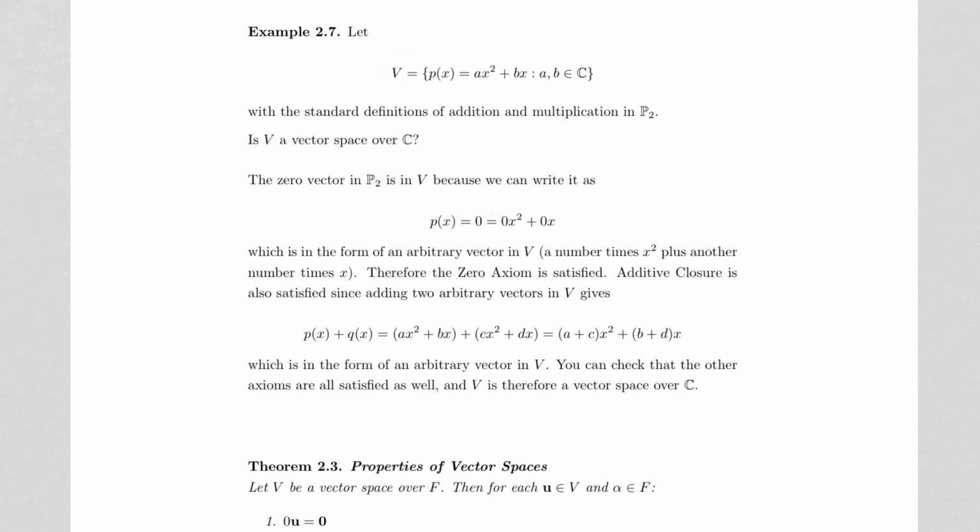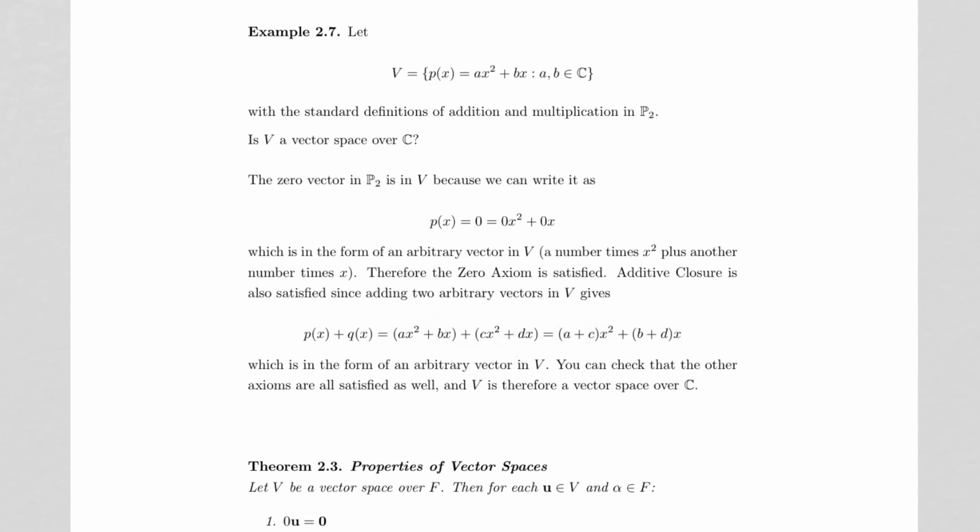Additive closure is also satisfied if I take two arbitrary vectors in V. So again, instead of putting in some specific numbers here, I'm just going to use letters. So ax squared plus bx, I'll call that p of x. And then q of x will be two other numbers, or letters, cx squared plus dx. Add them together, I get a plus c times x squared plus b plus d times x.